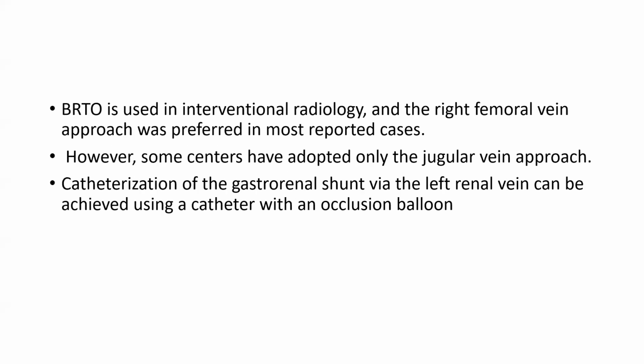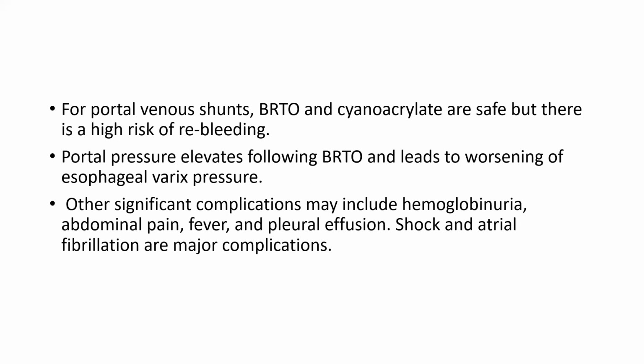BRTO is used in interventional radiology, and the right femoral vein approach was preferred in most reported cases. However, some centers have adopted only the jugular vein approach. Catheterization of the gastrorenal shunt via the left renal vein can be achieved using a catheter with an occlusion balloon.